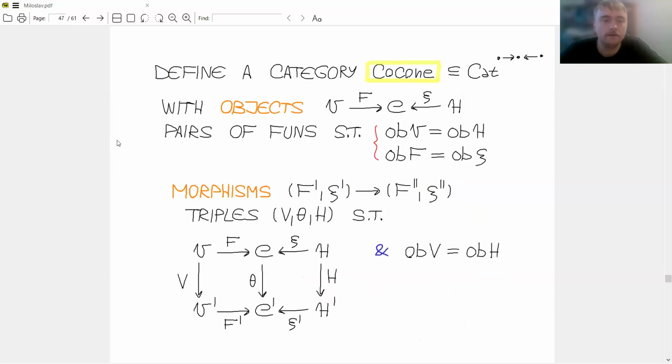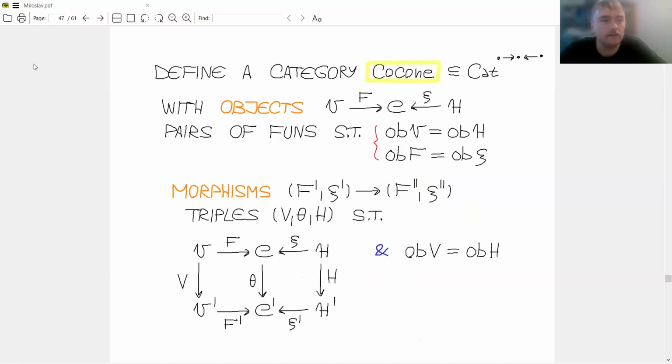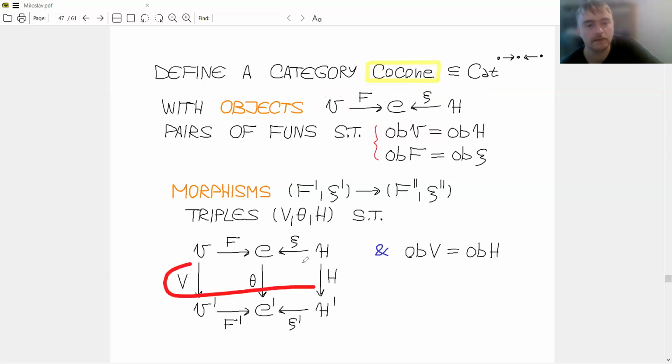Now we can define a category that I call Cocone, for reasons that will become clear. So I define a category that will be like the category of cocones for double categories. It's a subcategory of these cospans whose objects are pairs of functors that agree on objects, and moreover the objects of V and H are equal. And morphisms in this category are just triples like this, making everything commute, and also agreeing on objects.